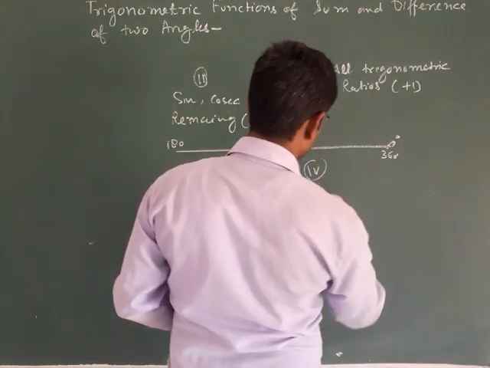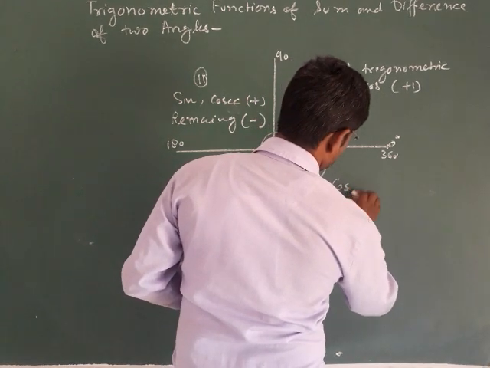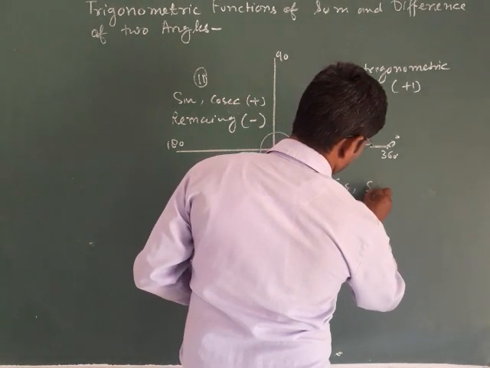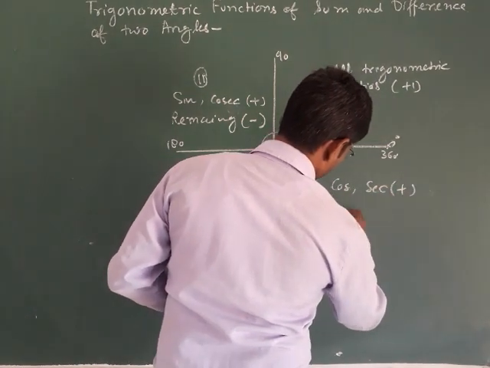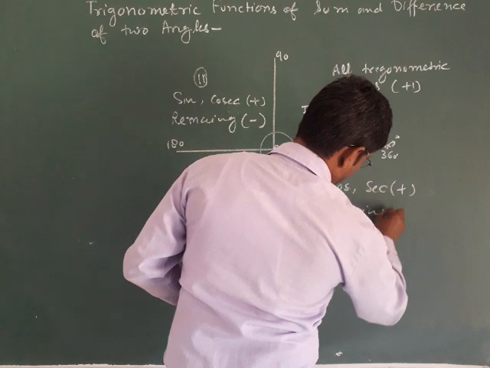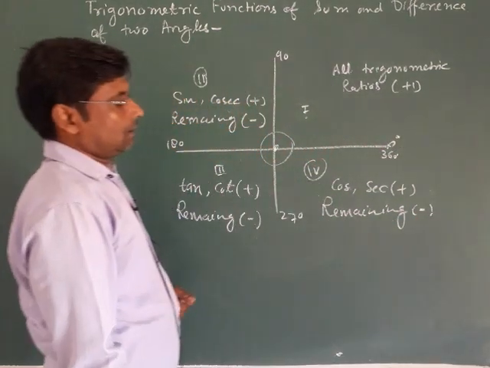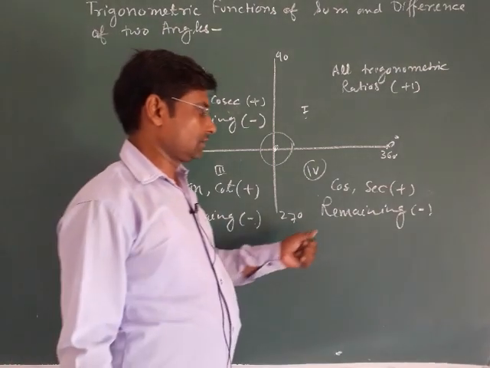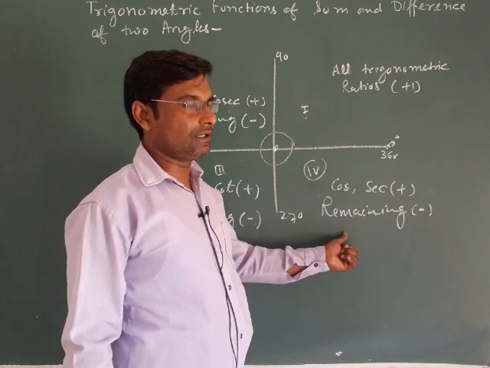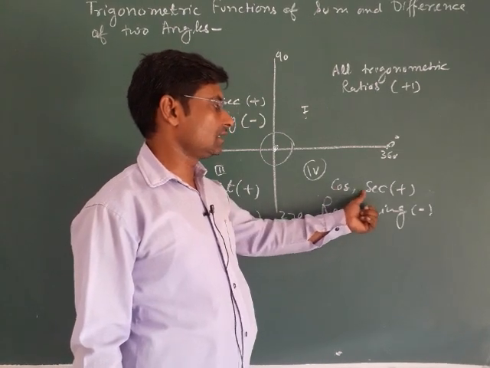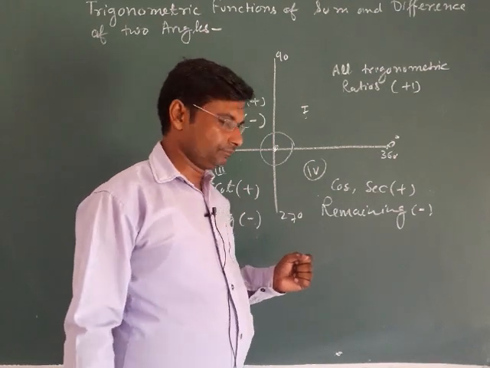And in the fourth quadrant, cos and sec are positive and the remaining values are negative. So sine, cosec, tan, cot are negative and cos, sec are positive.